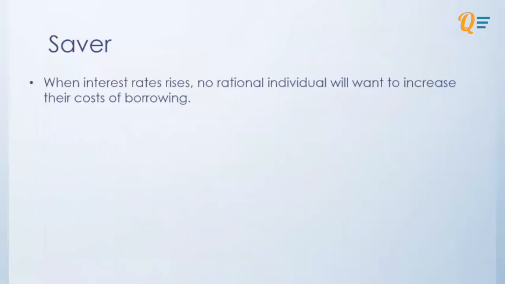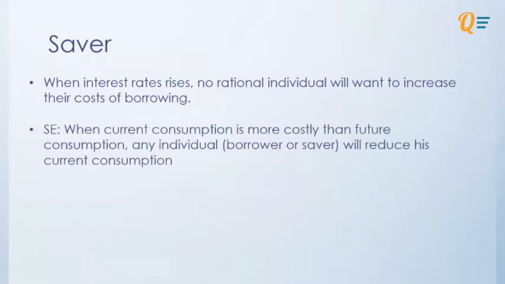Why? When interest rate increases, no rational individual will want to increase their cost of borrowing. For the substitution effect, when current consumption is more costly than future consumption, any individual, Tom, Dick, or Harry, will reduce his current consumption.